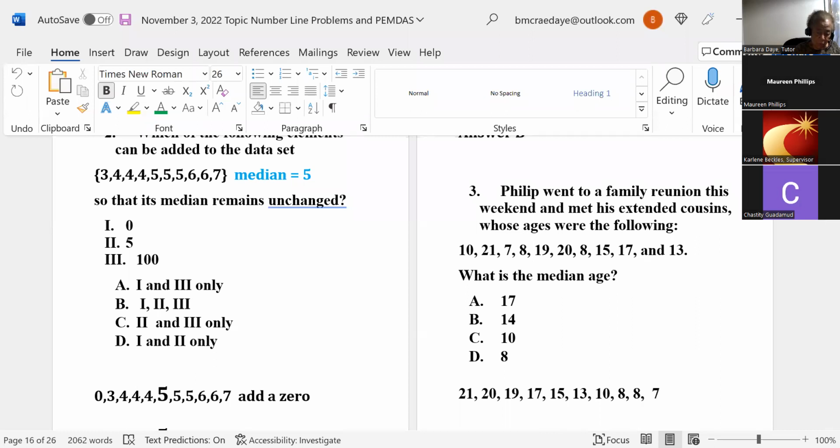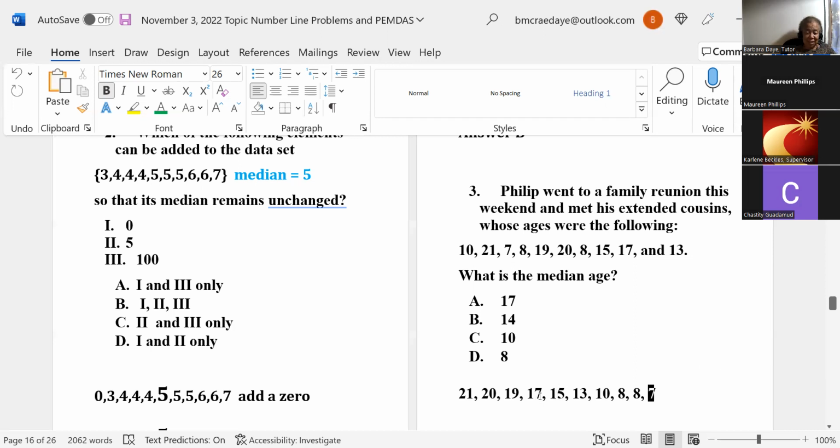There should be 2 numbers in the middle because it's an even, right? Hold on. In the middle means the same number of numbers before it and the ones after. So if you have 10 numbers, for 2 in the middle there has to be 4 numbers before and 4 numbers after. 15 and 13.